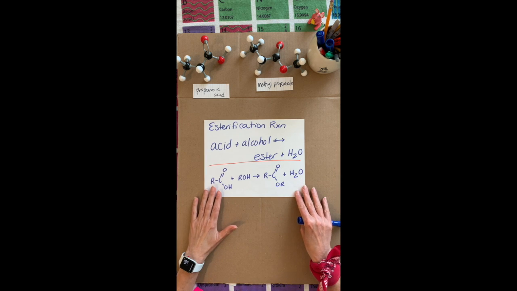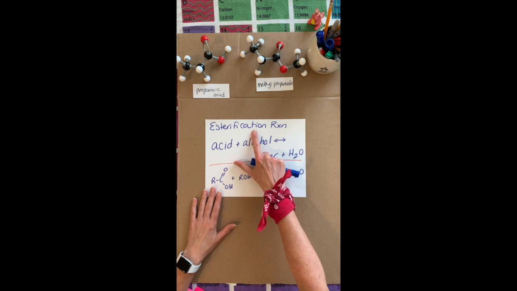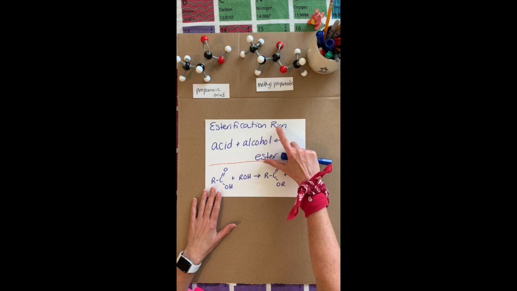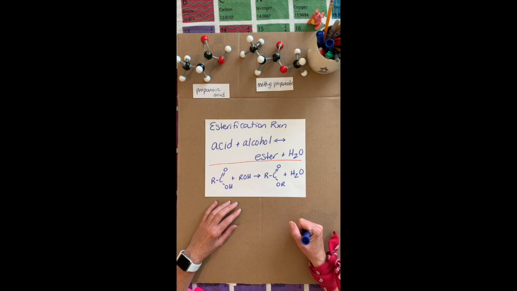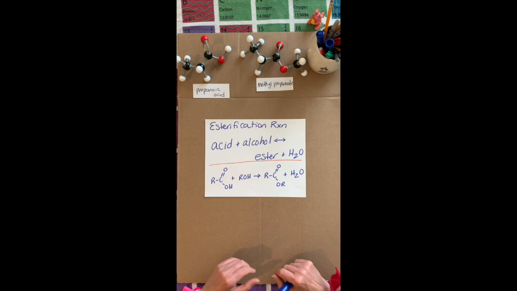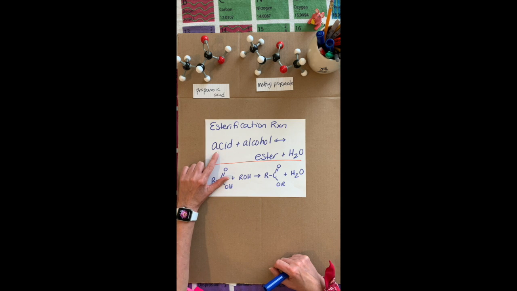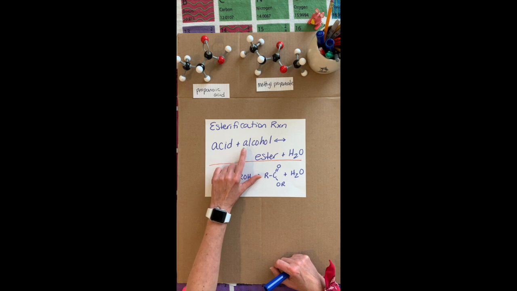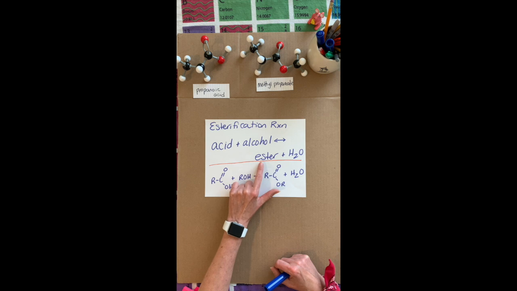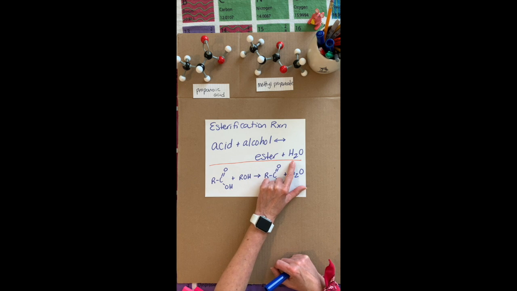Okay, up next is a chemical reaction known as esterification reaction. And this is where we can make esters or break them apart. How do we make an ester? We take an acid, an organic acid, react it with an alcohol to yield an ester and water.